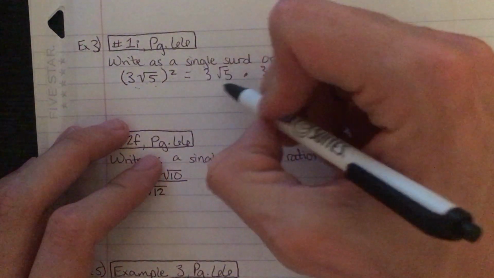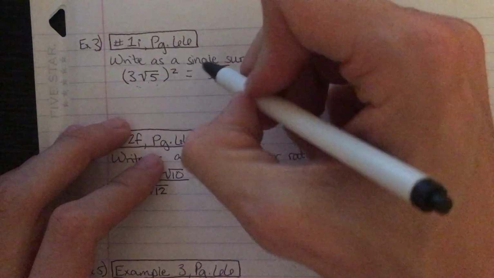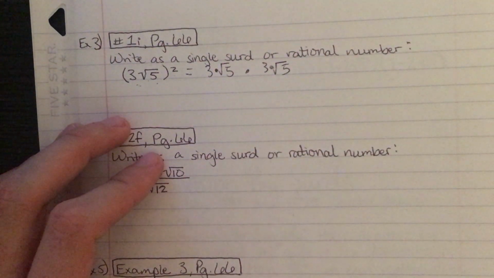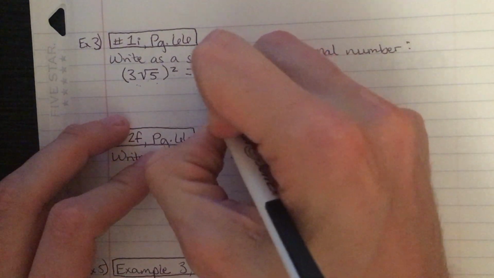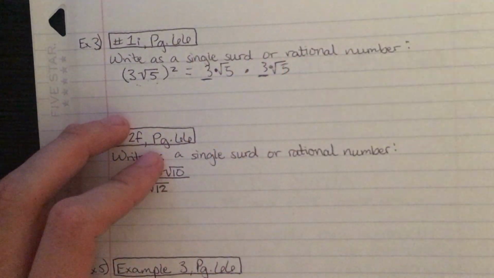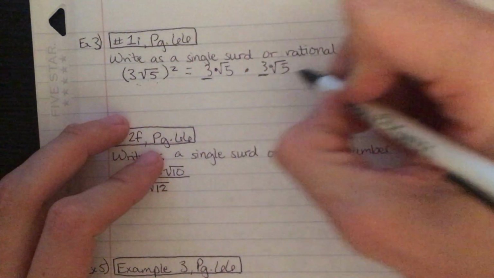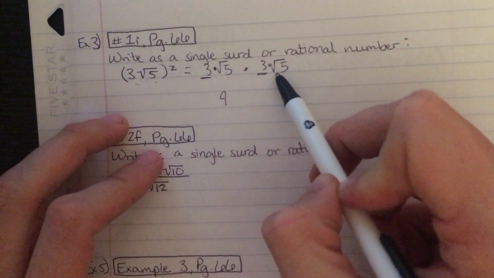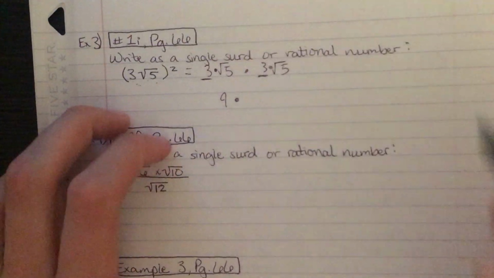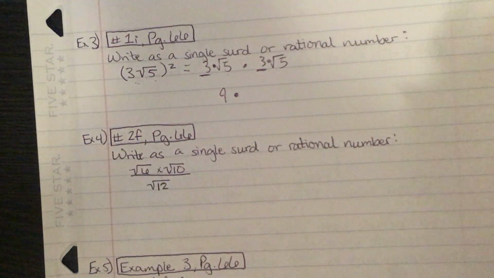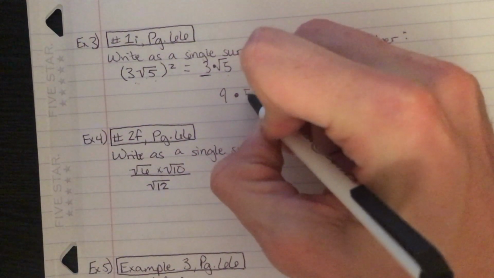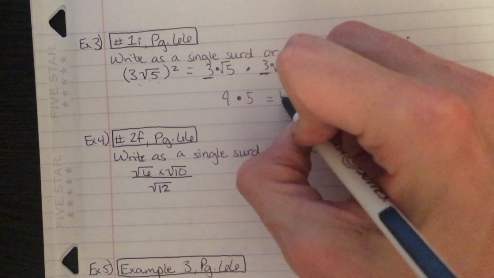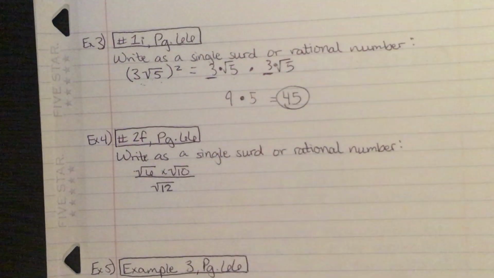The order doesn't matter on multiplication, so you can even put multiplication signs in between. If I multiply 3 and 3, that gives me 9. And then the square root of 5 times the square root of 5, by definition of the square root, gives me 5. And then 9 times 5 is 45.